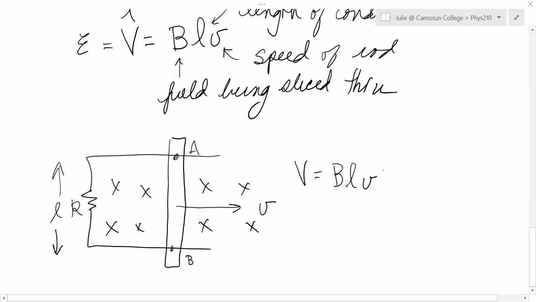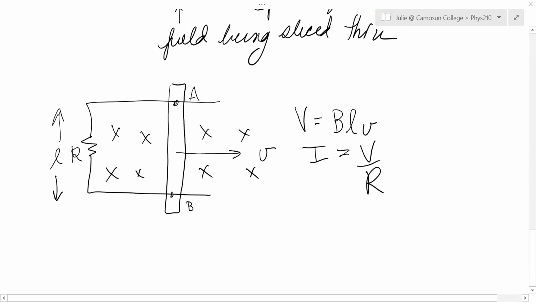And so you'll induce a current in this loop. The current will be the voltage divided by the resistance, where R is the resistance of that resistor in this loop. And now the question is, which way does the current flow around this loop as you pull this rod over to the right? And this you figure out by using Lenz's law.